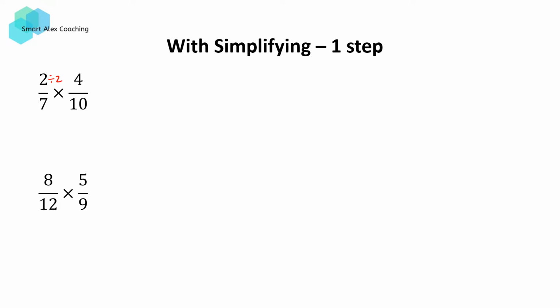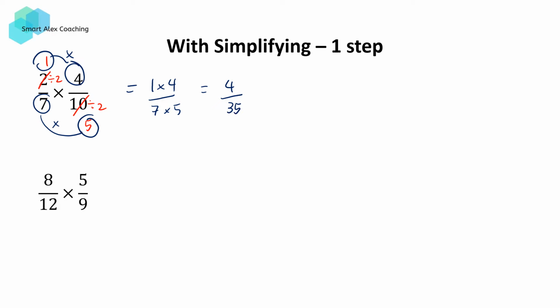I divide 2 by 2 and 10 by 2 also, since 2 is a common factor to both of these two numbers. 2 divided by 2 is going to give us 1. 10 divided by 2 is going to give us 5. So what we have left is 1 times 4 on the top and 7 times 5 on the bottom. This is 1 times 4 over 7 times 5, which is equal to 4 over 35, which is the same answer as using the method of simplifying at the end.